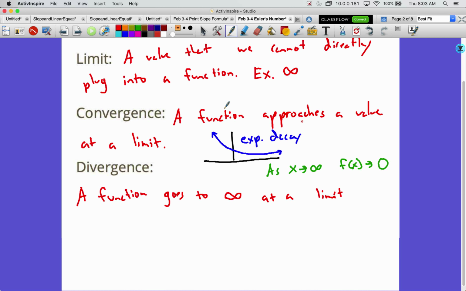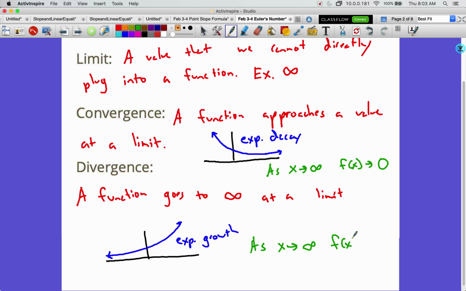All right, and a good example for this would be exponential growth. Because as x goes to infinity, f of x also goes to infinity. If I continue to move to the right on this function, this does not approach any sort of value, it just goes up forever.